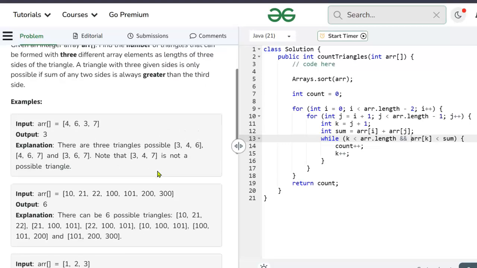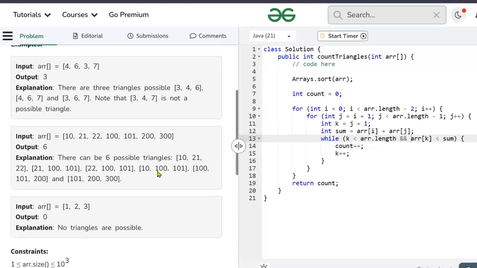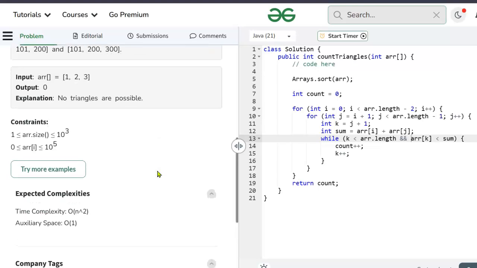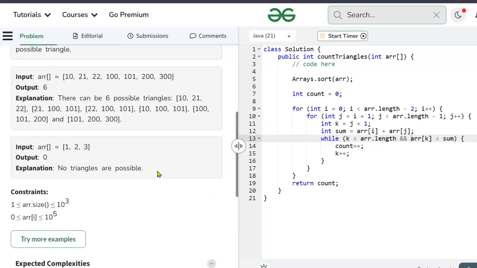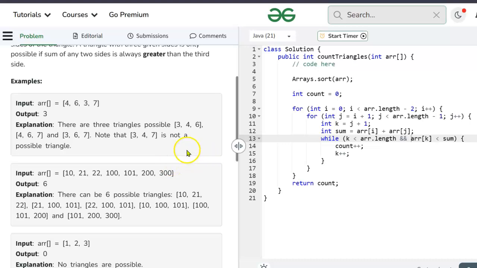So we can figure it out that way. Like 1, 2, 3 doesn't work. You've got 1, you've got 2. Where's the 3 going to go? You'd have to just lay it flat on top of the 1 and 2. That's not a triangle. Same thing here. 3, 4, 7 is not a triangle.